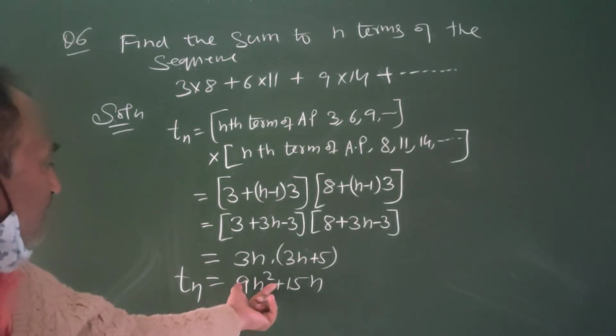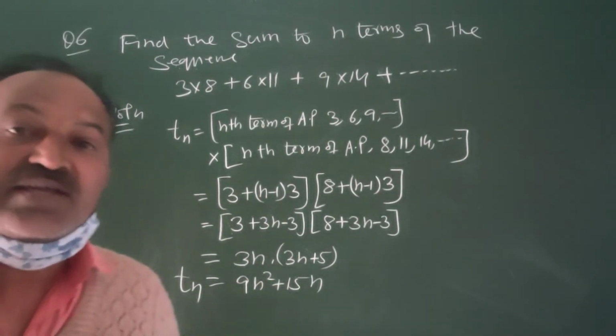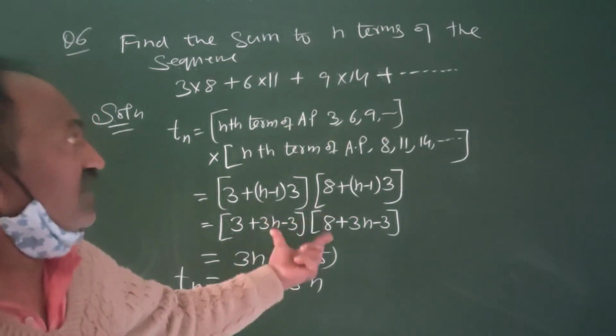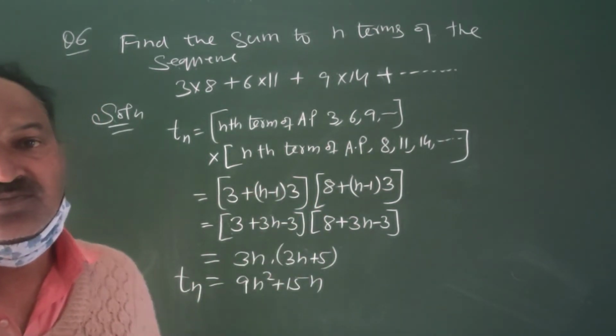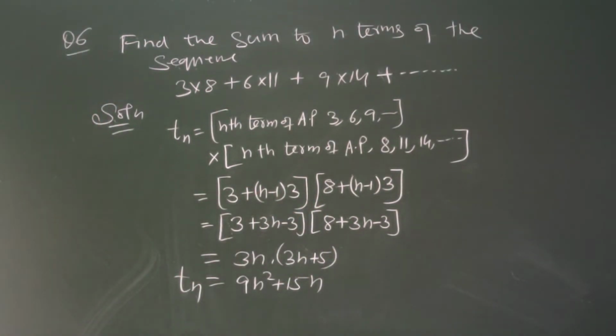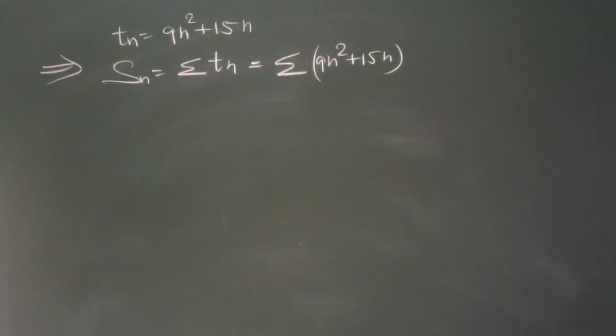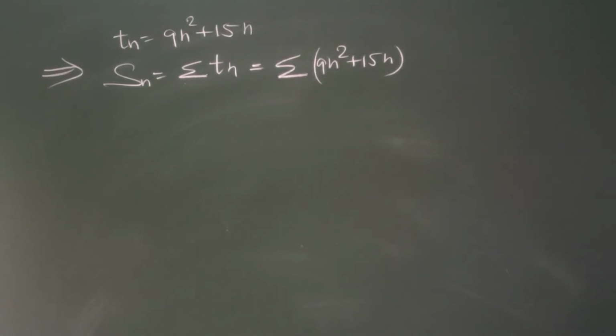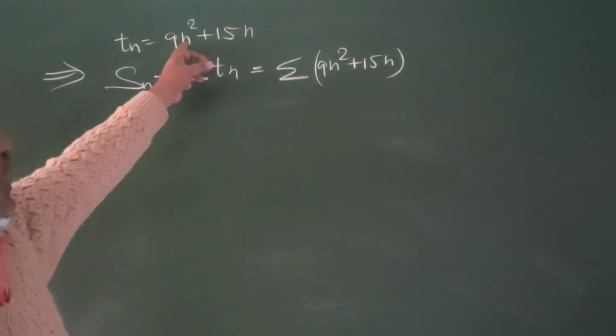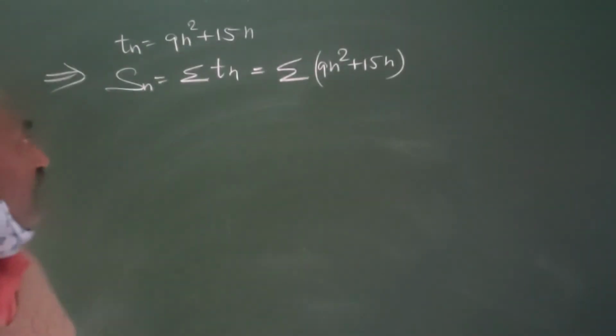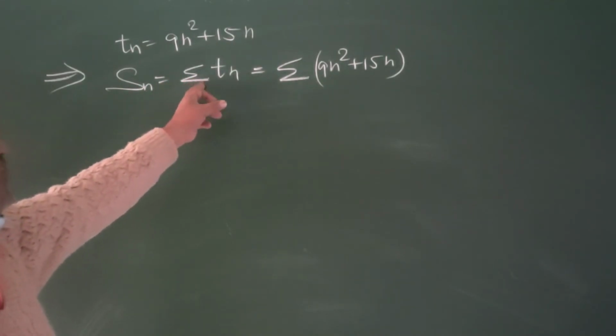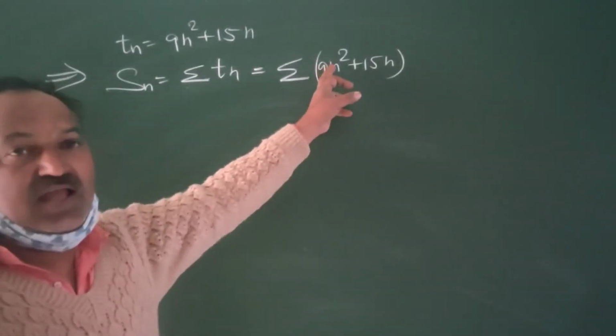Now, taking the sigma of Tn, we will get the value of Sn for this question. Now Tn is equal to 9n square plus 15n. Therefore, Sn is equal to sigma Tn is equal to sigma 9n square plus 15n.